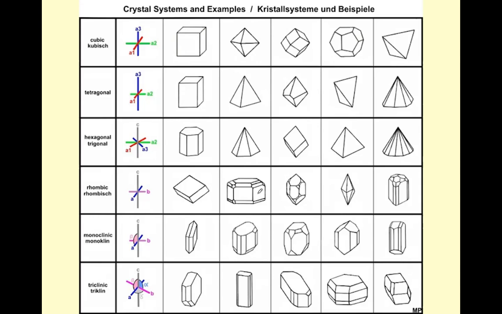So the three forms are euhedral, anhedral, and subhedral. Euhedral means the crystal has very good crystal faces. Anhedral means no crystal shapes can be recognized, and subhedral means partially you can recognize crystal faces developed better.